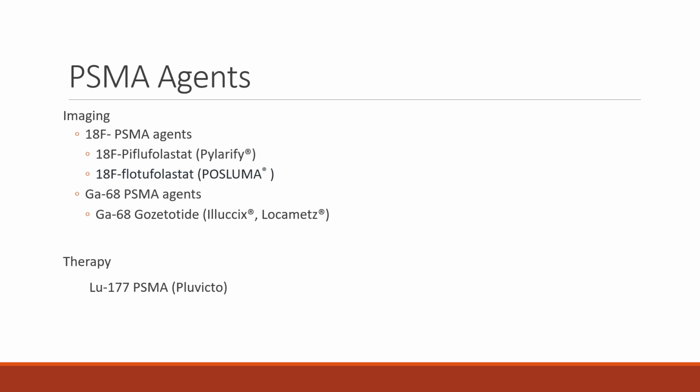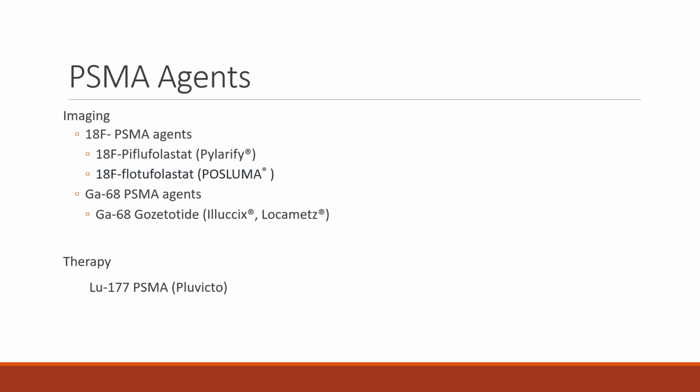Different companies make the same exact drug, same compound that's bound to gallium. Remember, gallium has this really long positron range, so that affects us as well. F18 has a fairly short positron range, so you're going to get better spatial resolution with the F18 agent than what you will with gallium.